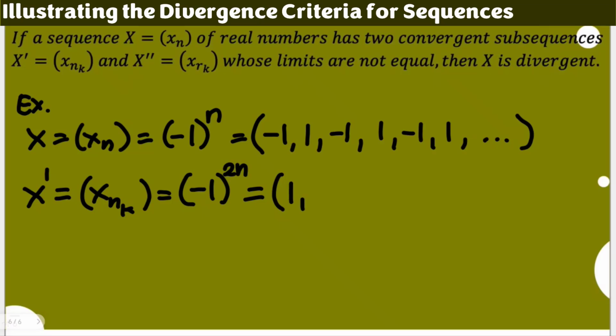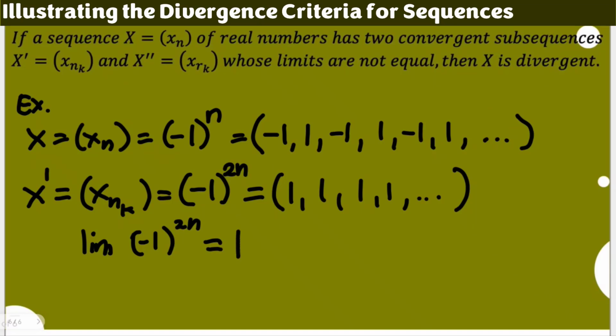When n is 2, it's 4, then 6, then 8, so on and so forth. So we'll have all ones. Since it's a constant sequence, its limit is just equal to 1 itself.